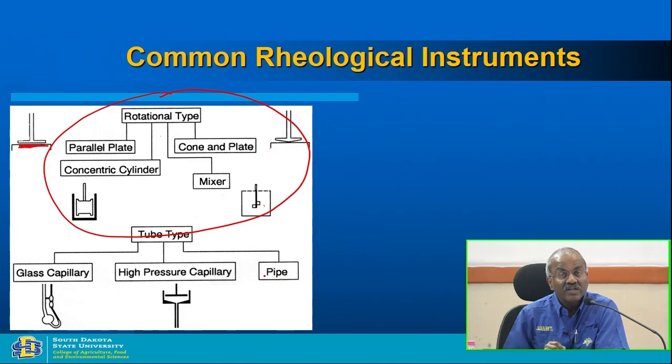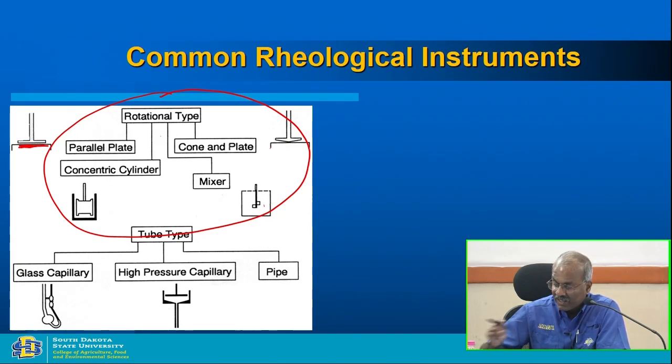These are different configuration instruments available in the scientific community. People use them in different cases. Again, these are primarily for liquid materials, and you can measure their viscosity. This is also liquid, this is also liquid, and this is for solid, this is for solid, this can be for semi-solid also.